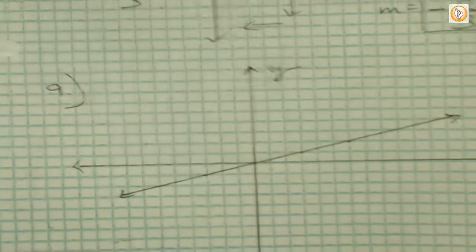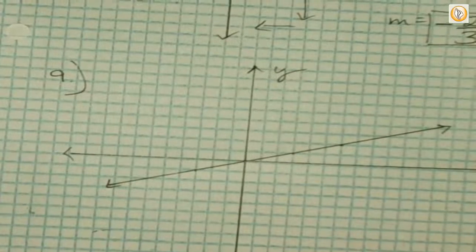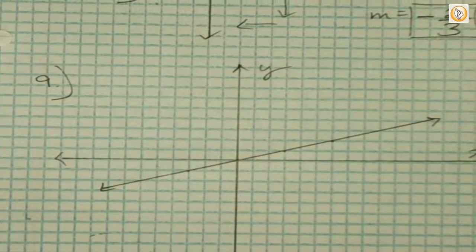Okay, start looking in your book. See if you can come up with the slope first. See if you can figure it out. Write it down in your notes, and we'll see if you're correct. So there's number 9.